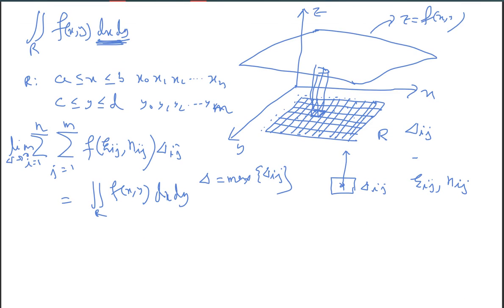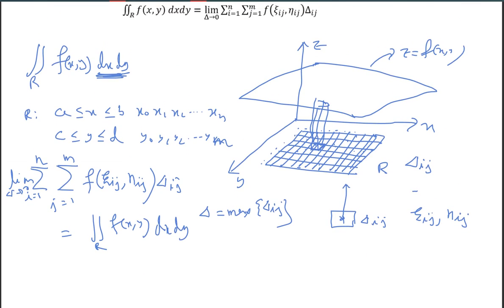Sir, can you again explain that term eta ij? Let me explain. In line integration, over the xy plane we take the points x0, x1, x2 up to xn, and in between, suppose xi minus 1 and xi, in this interval we have taken one arbitrary point xi i.